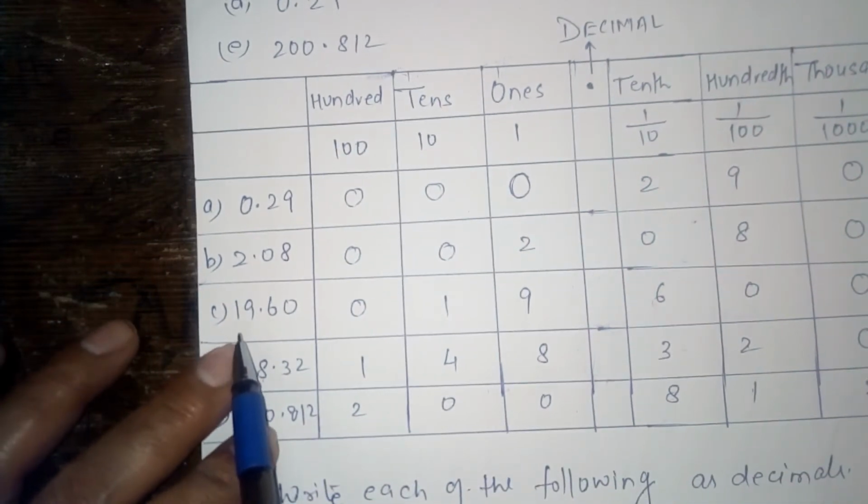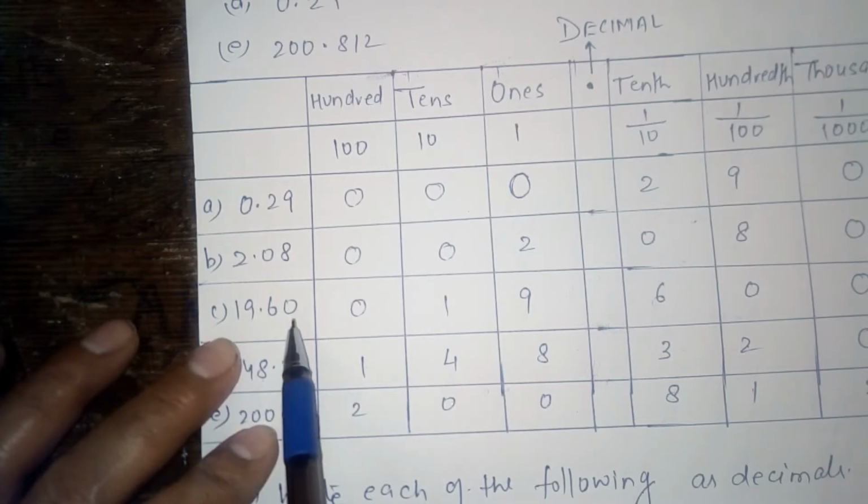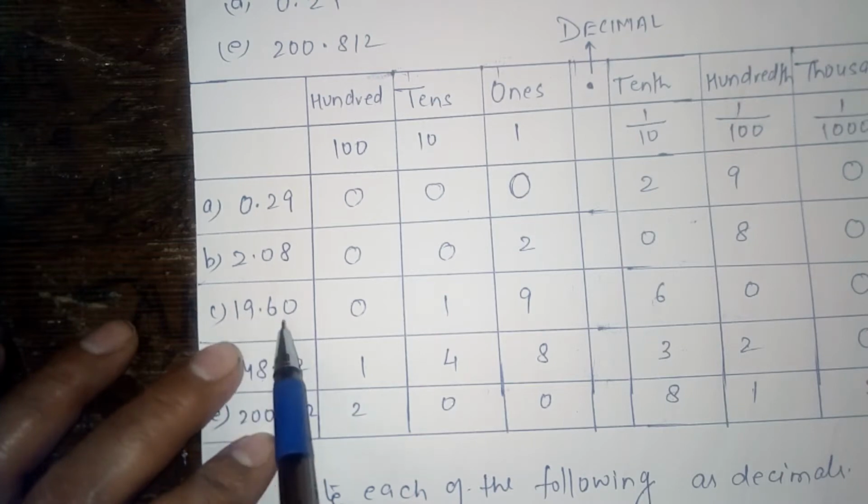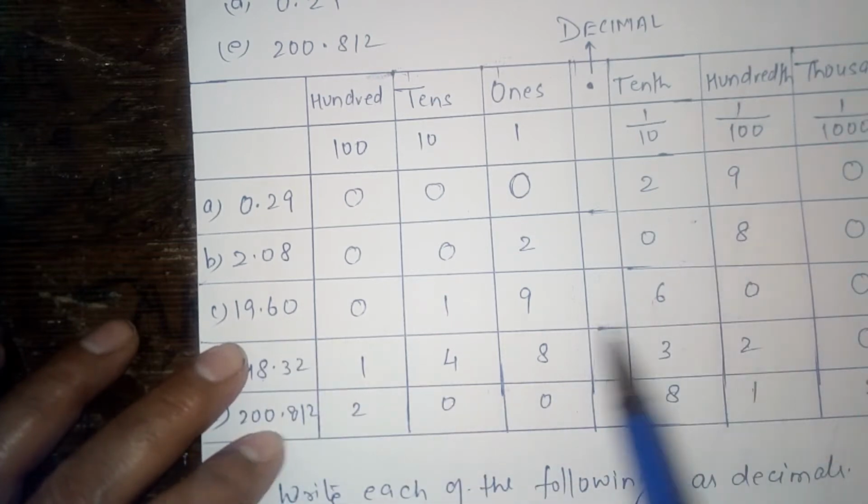Your third decimal number is 19.60. We will arrange 19.60 in the given place value table.